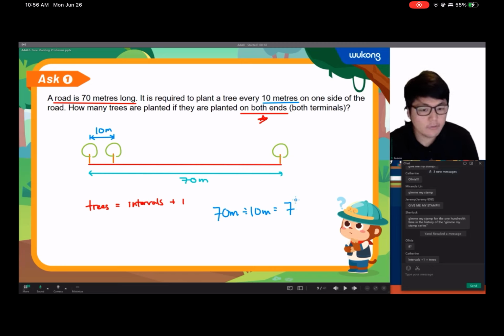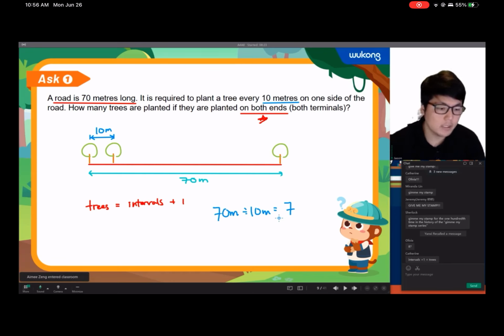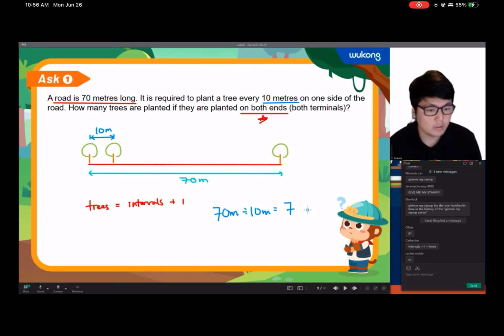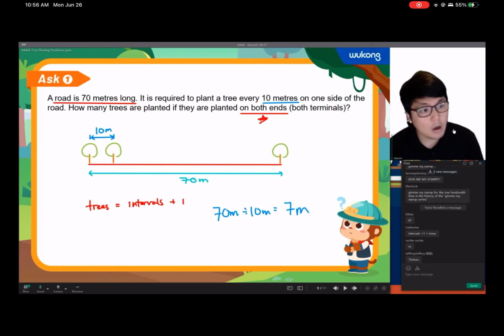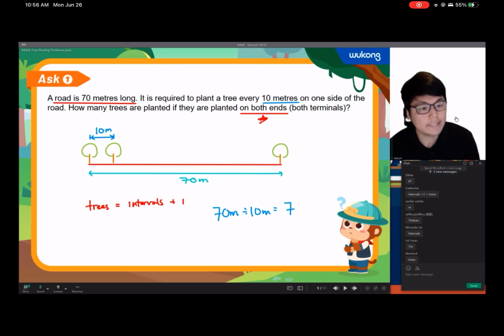But what is this 7, guys? What did we just find? 7 what? 70 divided by 10 gives you 7, but 7 meters? No! That's not what we're doing. 7 trees? No! It's 7 intervals.